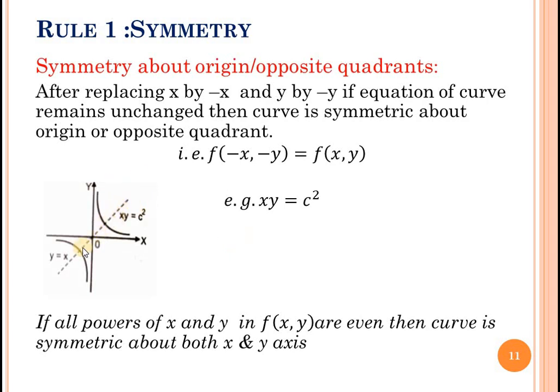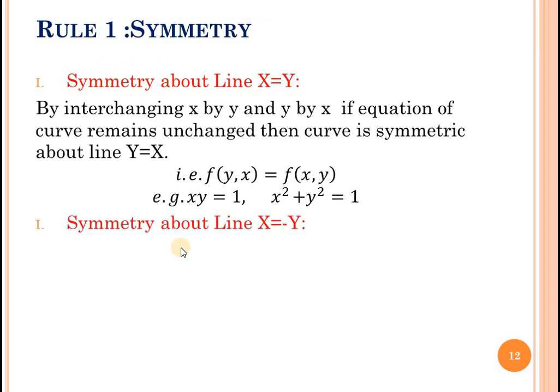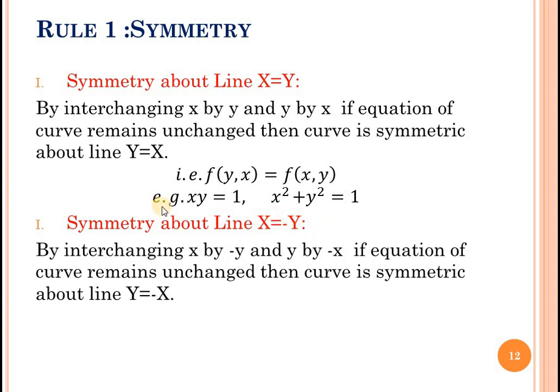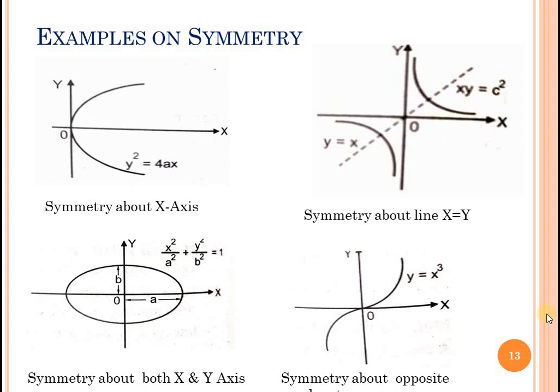This curve is also symmetric about the line y is equal to x. Next, symmetry about the line x is equal to minus y. Replace x by minus y and y by minus x. If the equation of the curve remains unchanged, then the curve is symmetric about this line. Again the examples are the curve xy is equal to 1 or the circle x square plus y square is equal to 1.